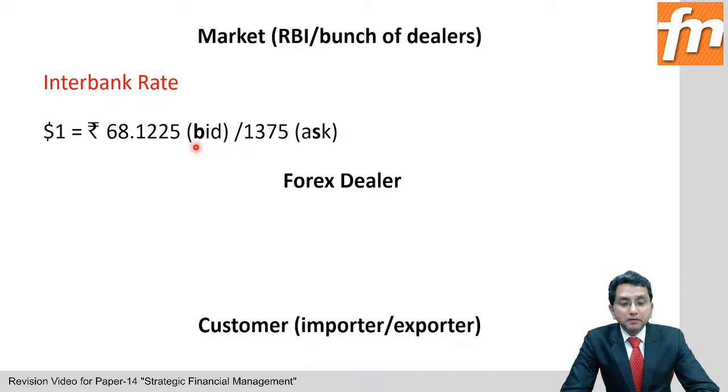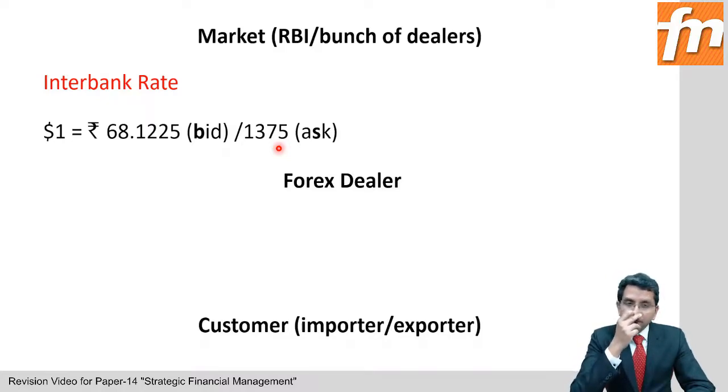B for bid, B for buying, and here you have S for selling. So this is the rate at which the market is ready to buy, and this is the rate at which the market is ready to sell. In any transaction, there are always two people. One is the quote maker and one is the quote taker. Quote maker and quote taker.